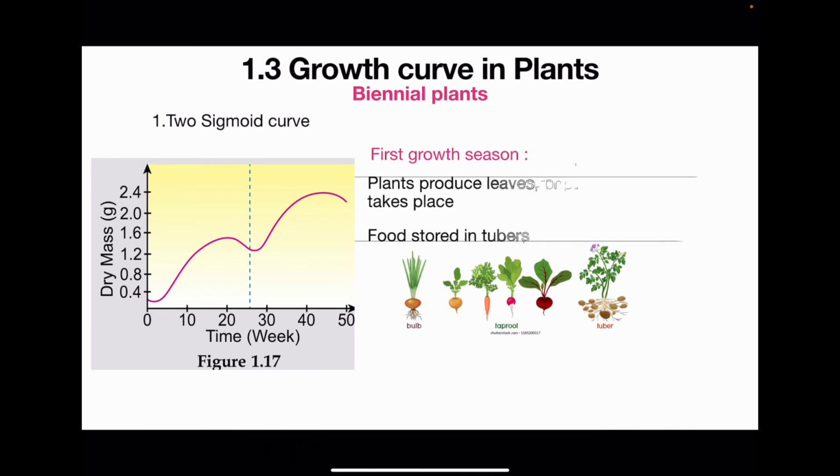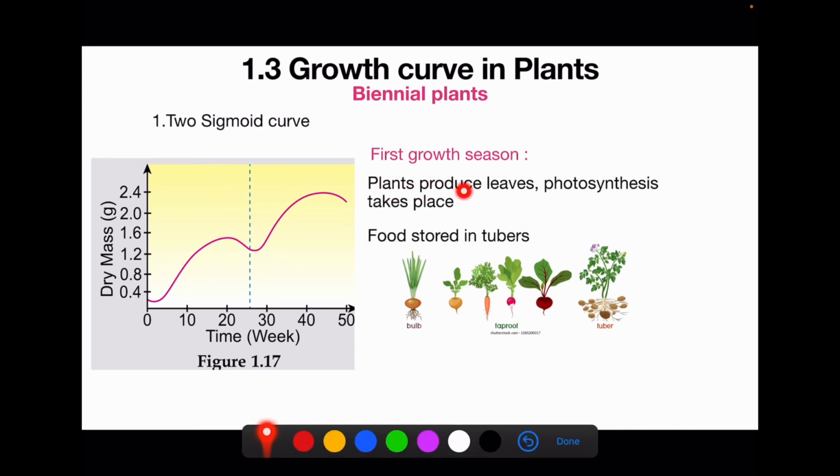For the first growth season, the plant produces leaves, the vegetative parts of the plant, that is the leaf, the root, and the stem. Photosynthesis will of course take place since it has leaves. So that's why there is an increase in the mass.